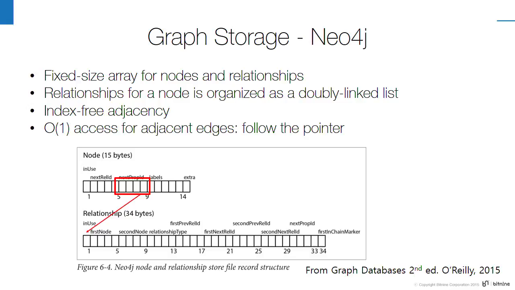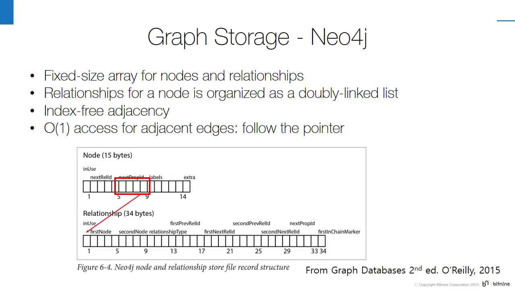Now let's look into the Neo4j storage. In order to find adjacent vertices and edges, Neo4j uses the direct pointing method. They store graph data in fixed size arrays for nodes and relationships. This is the internal representation for nodes and relationships, and a node element has a pointer to an adjacent edge list.